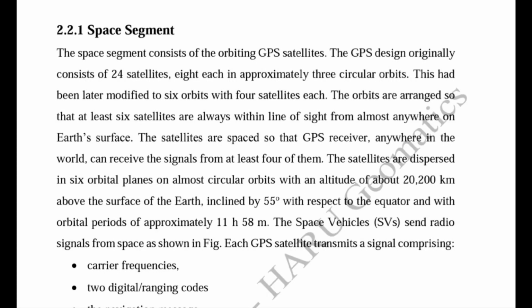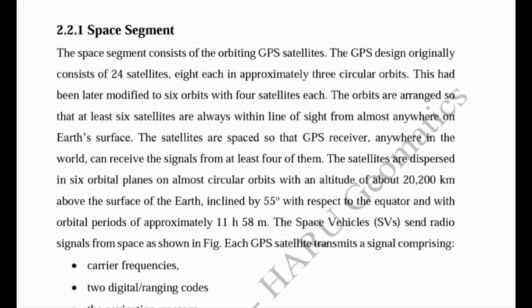But all these GNSS will have only three components: the space segment, the control segment and the user segment. But the properties of the space segment will be different for the different GNSS.